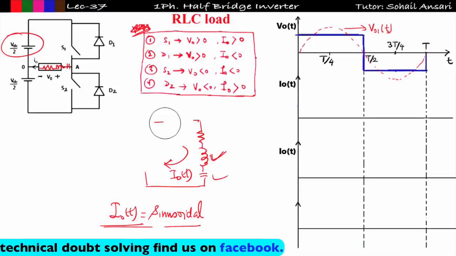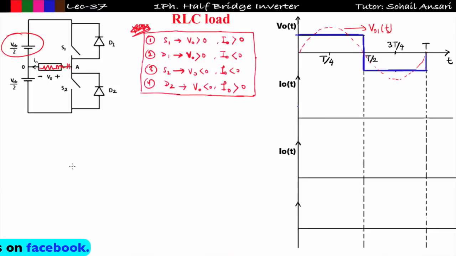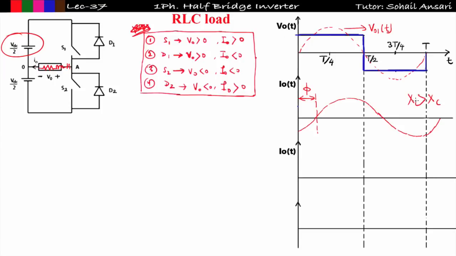Now based upon the value of XL and XC, we can determine whether it is a lagging or leading load. Okay, so if I am considering the lagging load, then the output current will lag behind the voltage by angle phi. So it will be something like this. See here, output current is lagging by angle phi. This is if I consider XL greater than XC, meaning when a lagging load is taken, or you can say in the over damped case.